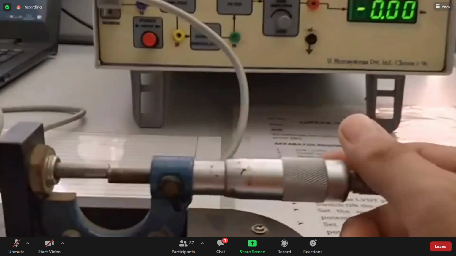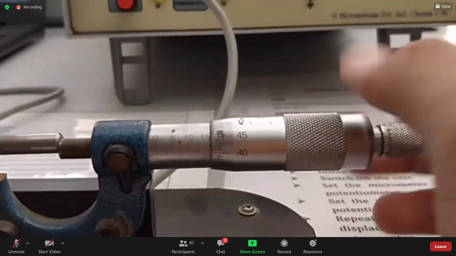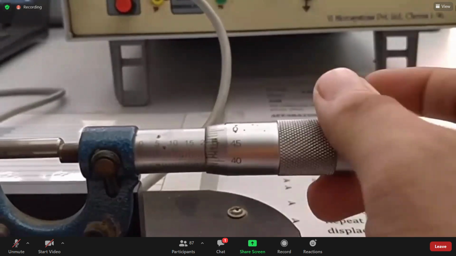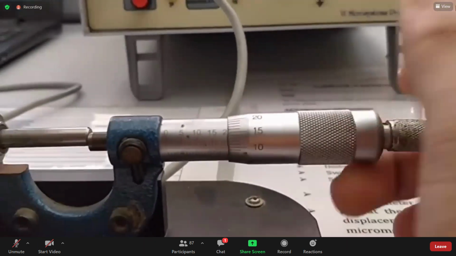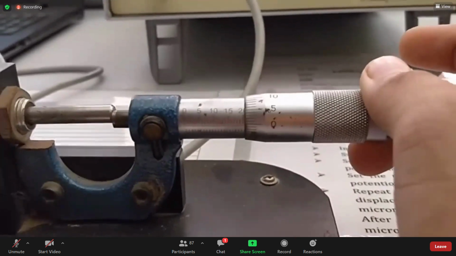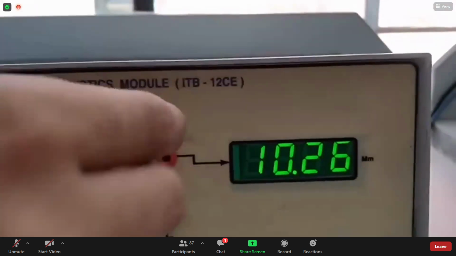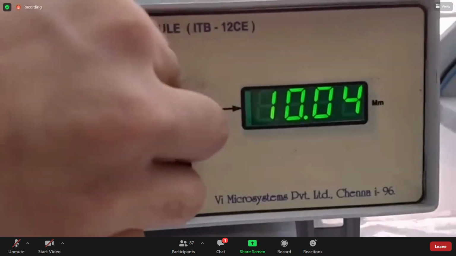Then move this micrometer to 20. Once you move this to 20, you have to set it over here to 10. For that you have to use the knob on the top.